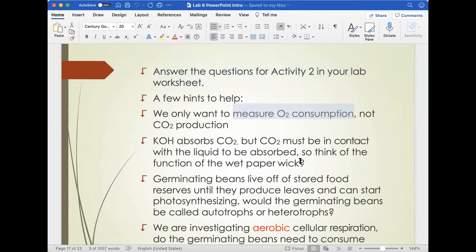So what is the function of the wet paper wick? Well, the wick continually takes up the KOH, providing a liquid medium for the carbon dioxide to come in contact with. So that's why we use a wick in the liquid KOH vial.